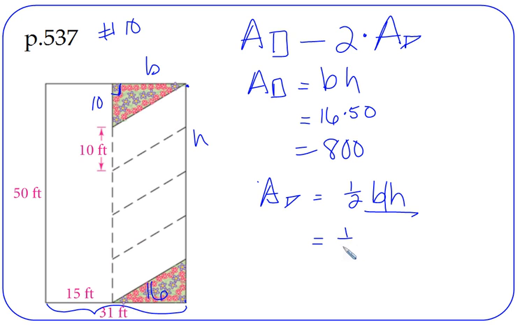So that's 1/2. And our base, we're going to call this 16. And our height, we'll call it 10. Half of 16, that would be 8, times 10 is 80.